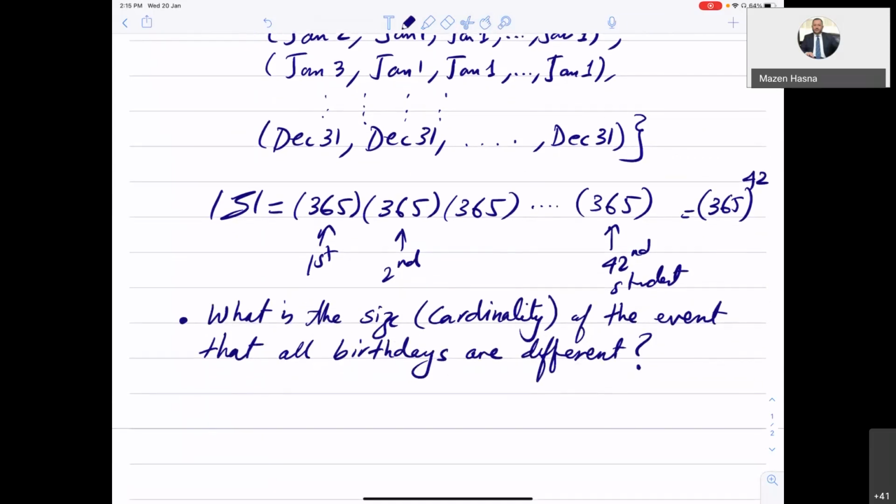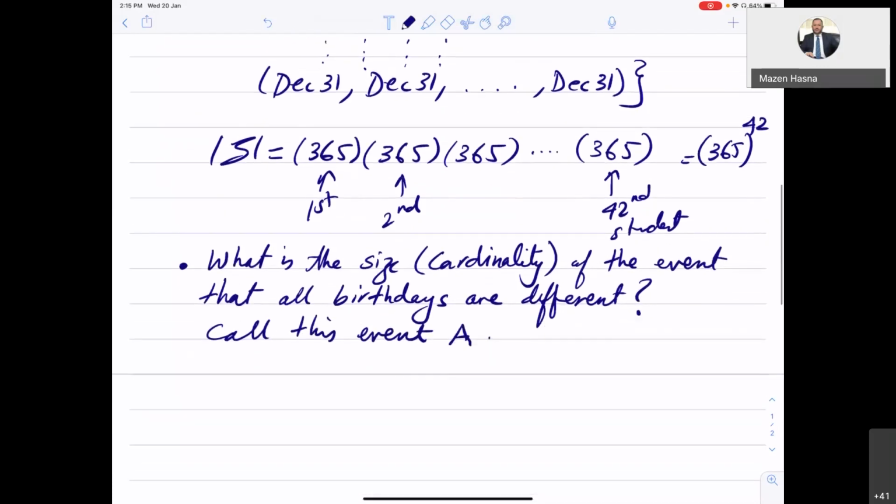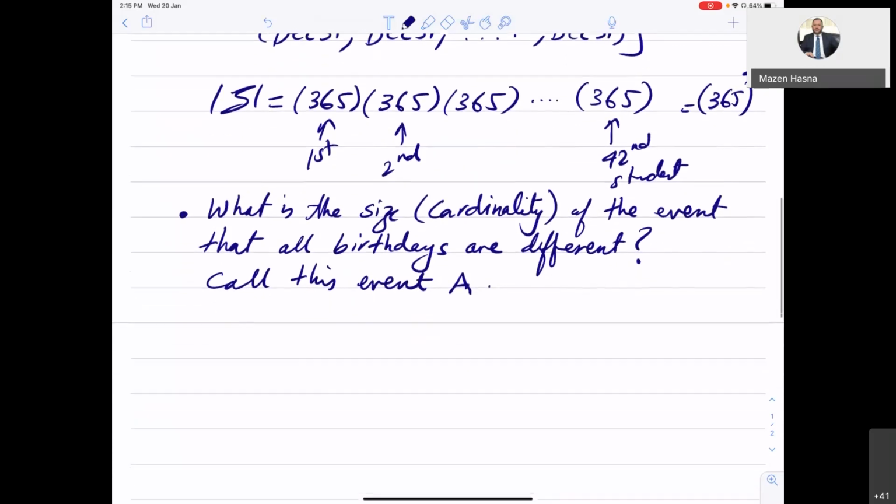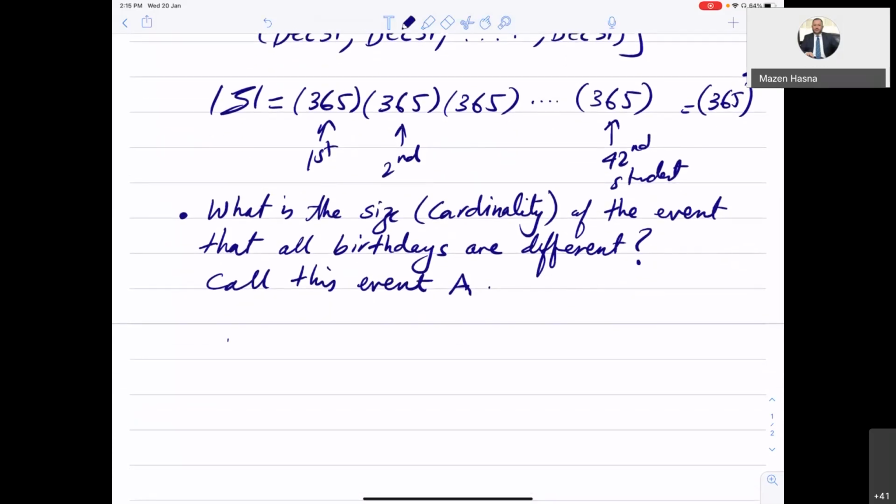Call this A. So if I want all birthdays to be different, what's the size of A? If you want to follow the same procedure, no, it's much higher.